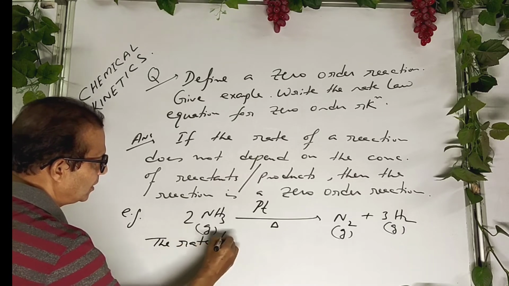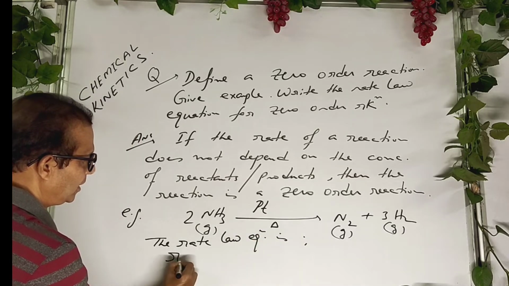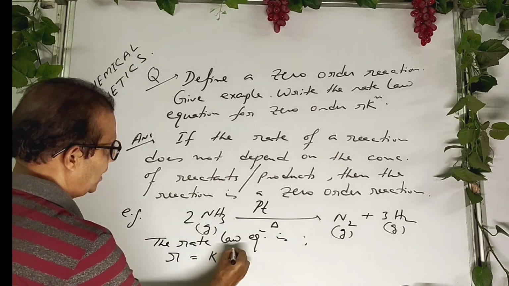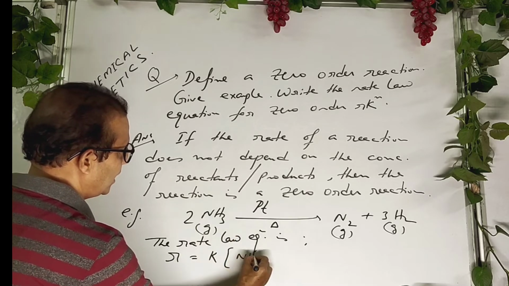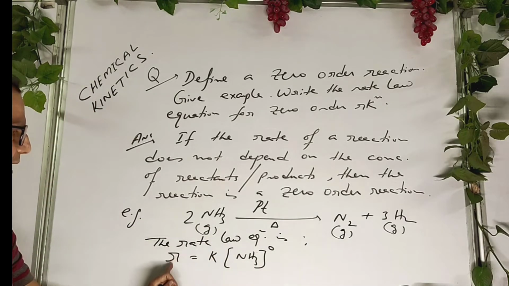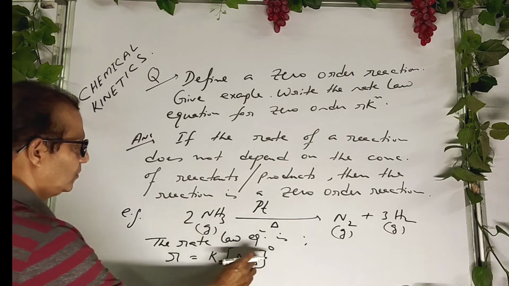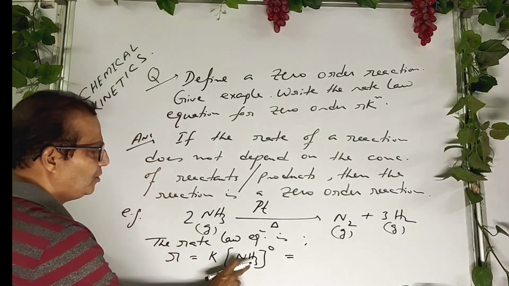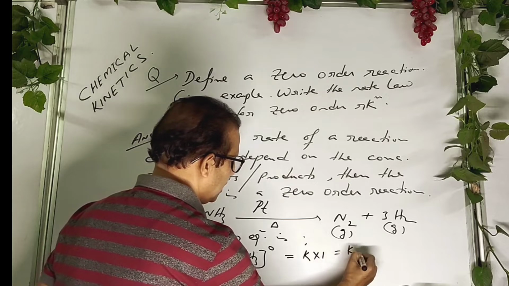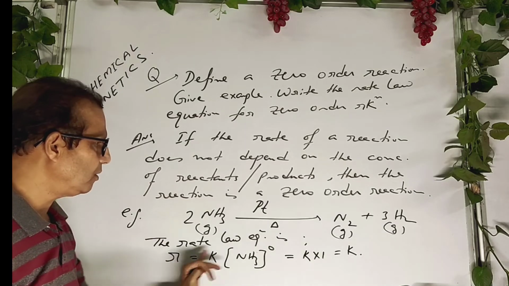The rate law equation is rate equals rate constant K, and ammonia is a reactant here, so to the power 0, because the rate is independent of the concentration of the reactants. You know that anything to the power 0 equals 1, that's why K into 1 equals K. So you can conclude that for a zero order reaction, rate equals rate constant.